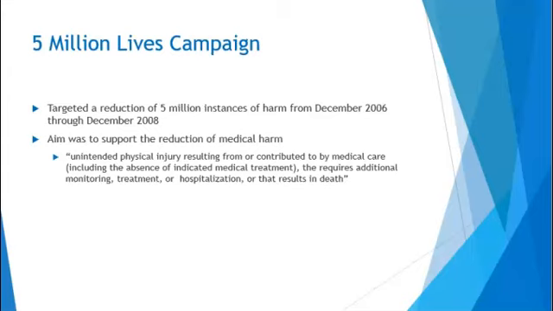The goal of a reduction of 5 million incidents of harm in 2 years was based on an estimate that 40 to 50 incidents occur per 100 admissions, which is a total of 15 million incidents of medical harm each year in the US.